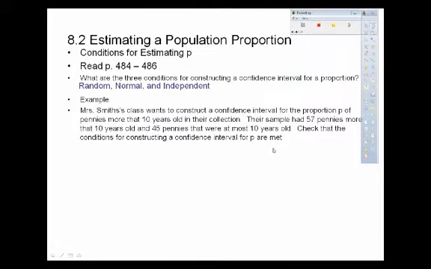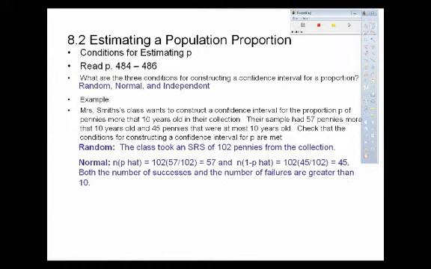Okay, so we're going to check to see if the conditions are met. Random. The class took a simple random sample of 102 pennies from the collection. So it is random. All right, we check normal. Remember that that is n times p hat.